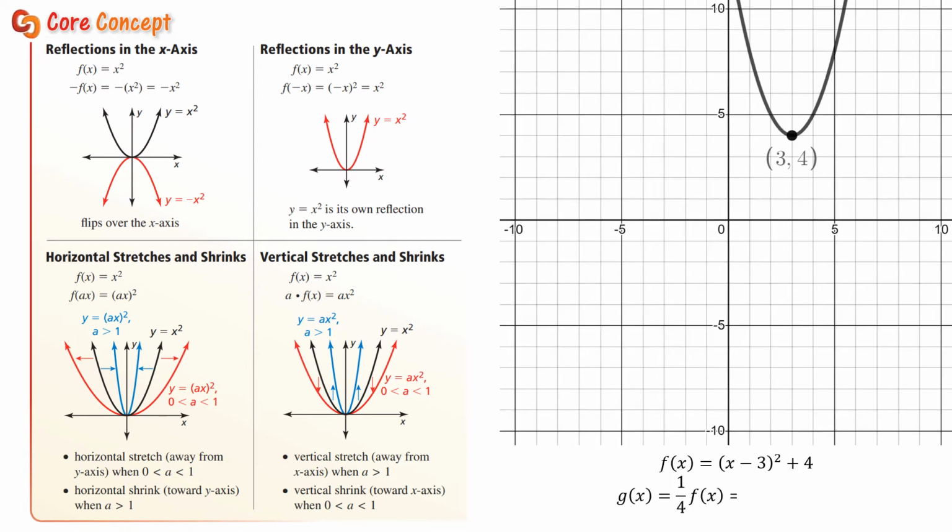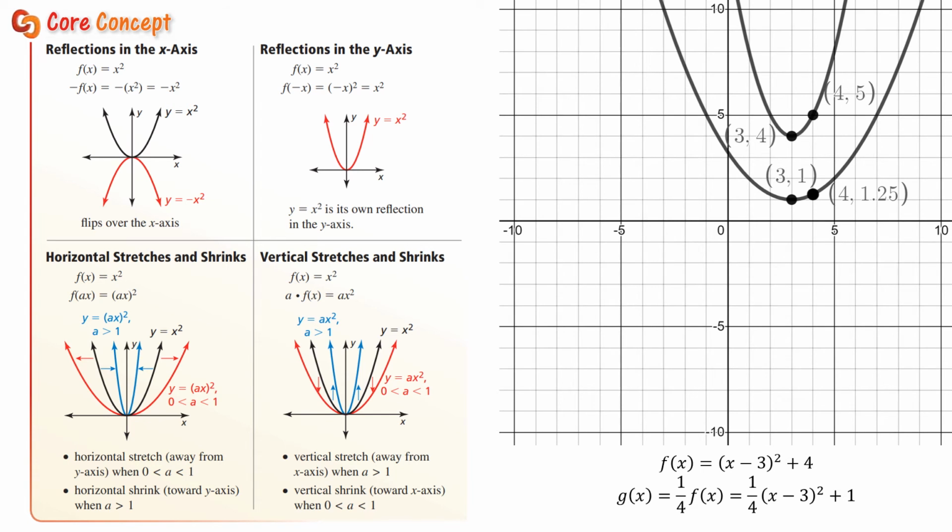Now if you notice, I'm going to multiply my parent function times 1/4. That should amount to a vertical shrink. If I distribute that 1/4 onto the parentheses and the 4, it should be 1/4(x minus 3) squared plus 1. So take a look at where my vertex winds up.